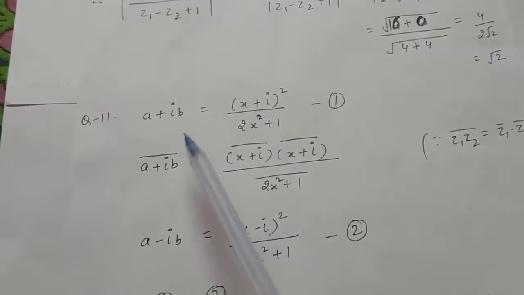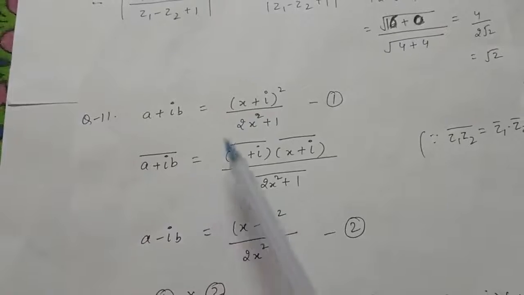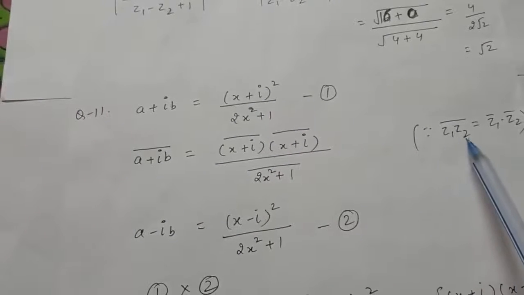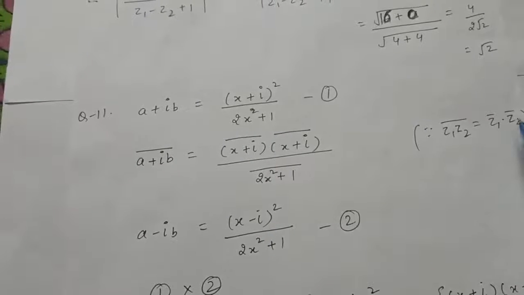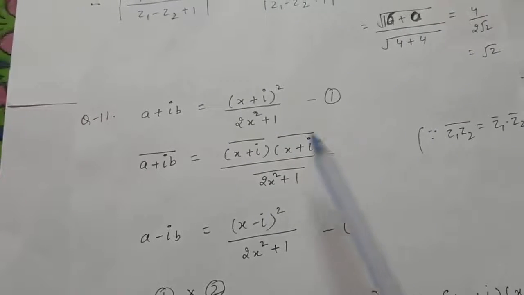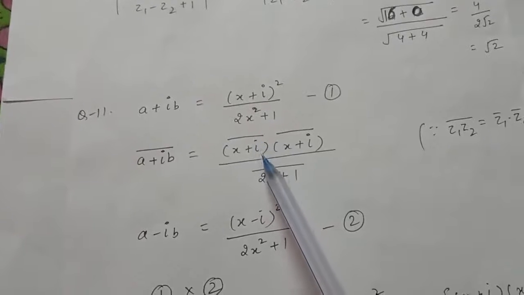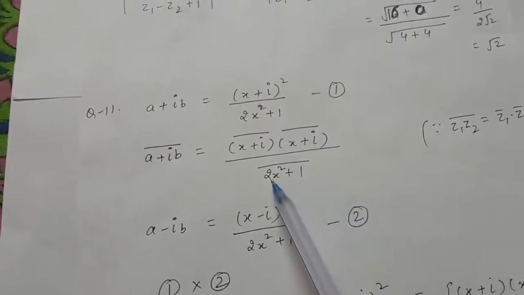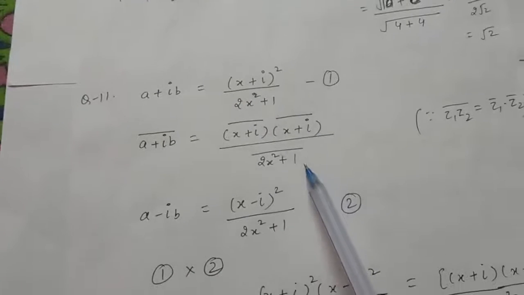Now the conjugate of a plus iota b is equal to the conjugate of this, but because the conjugate of z1 into z2 is the conjugate of z1 into the conjugate of z2, it can be written as conjugate of (x plus iota) into conjugate of (x plus iota), upon conjugate of (2x square plus 1).